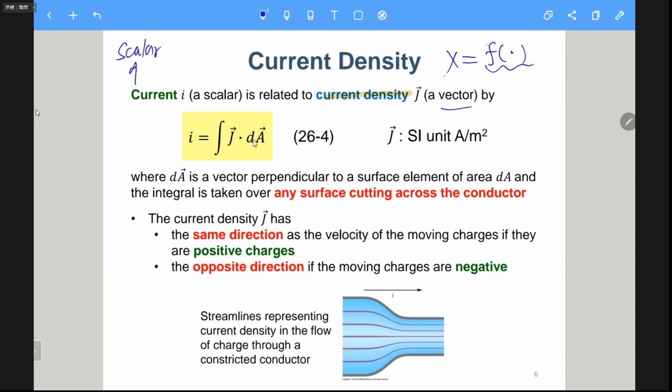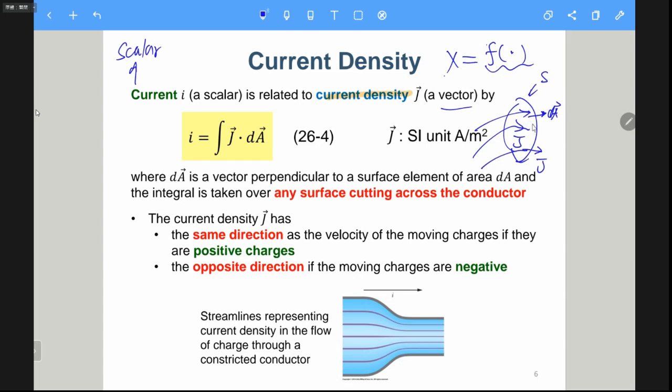So suppose this is the surface you are concerned with, and there is some current density going through it. Similar to Gauss's law, you need to define dA, the vector perpendicular to the surface at that point.